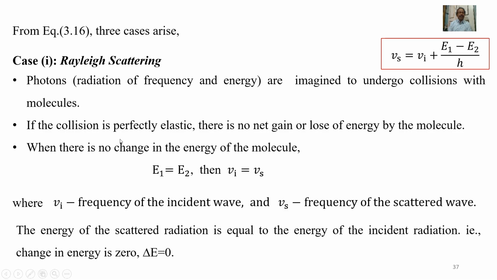When there is no change in the energy of the molecule, we have E1 equals E2. So therefore, nu I equals nu S, where nu I is the frequency of the incident wave, nu S the frequency of the scattered wave. The energy of the scattered radiation is equal to the energy of the incident radiation. That is, change in energy is 0. So therefore, del E equals 0.